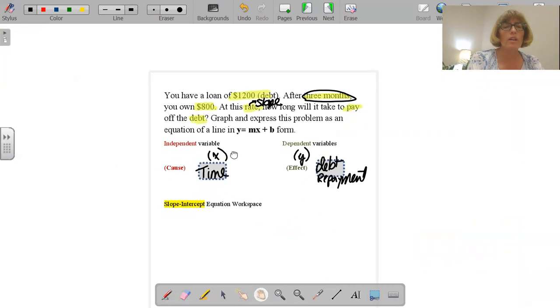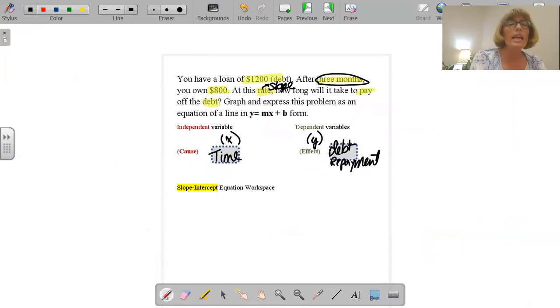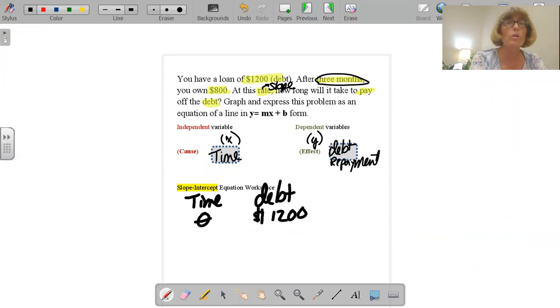Watch carefully. You have a debt of $1,200. Now, that's the starting point. So time is 0. And your debt, at that moment, when you first start this process, is $1,200.